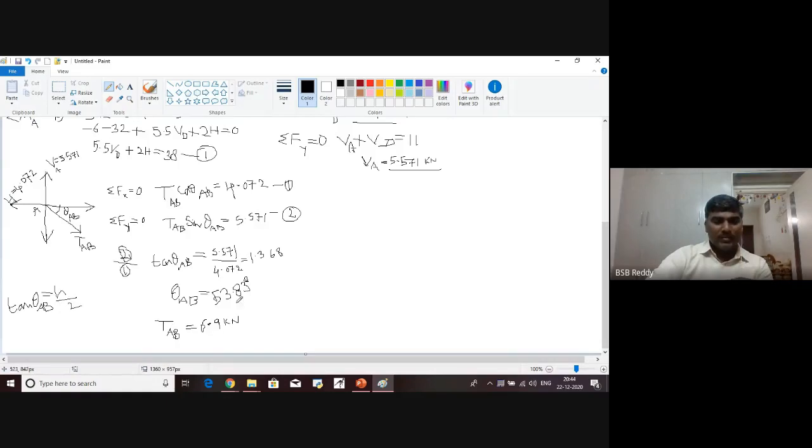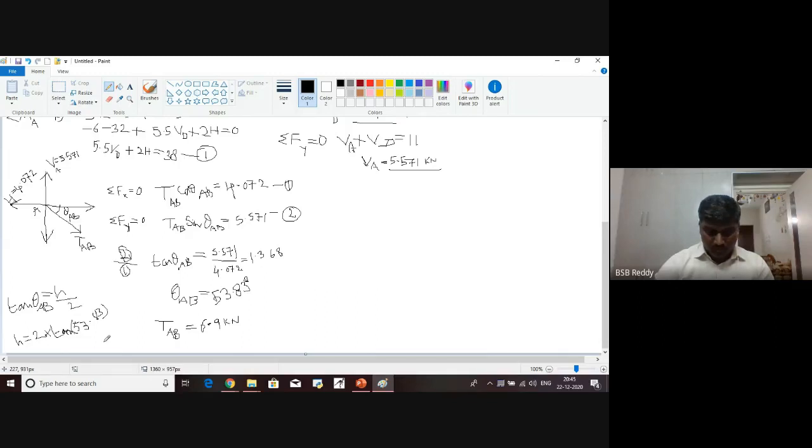So what is theta AB? Substitute in this one. So H is equal to 2 times tan 53.83 degrees. Okay, right. So do that. So tan 53.83 into 2.